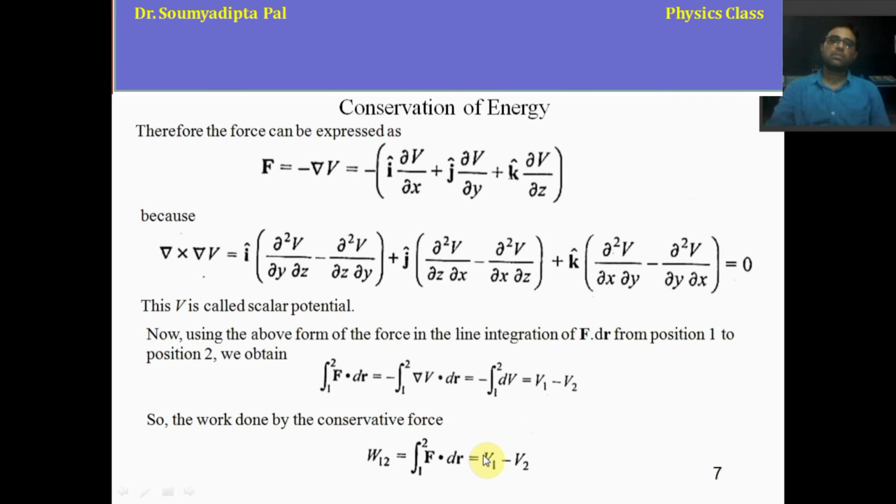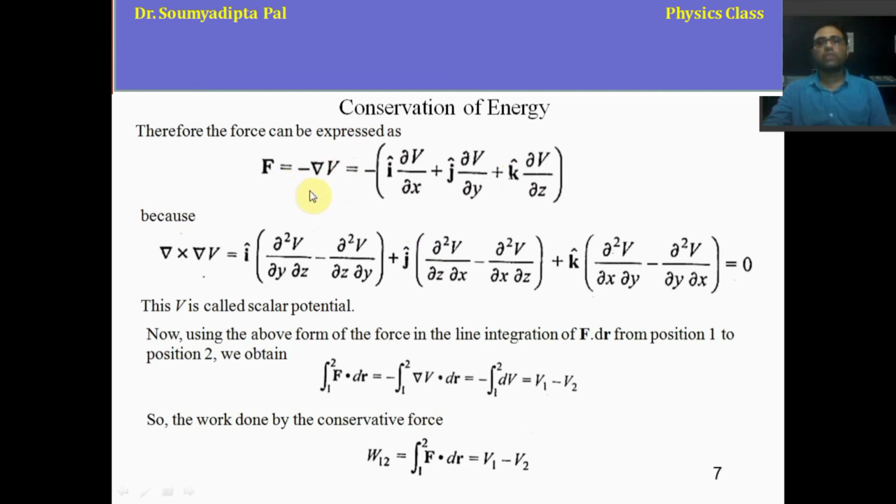Okay. Now when this curl of F is 0, we can write F is minus del V, or grad V. In the last class we discussed gradient, right? There we have seen the form of del. Del is basically i cap del x plus j cap del y plus k cap del z. And here V is the scalar potential.